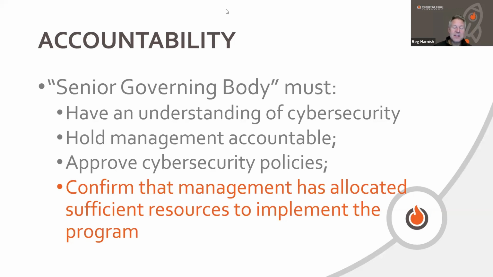And then this is highlighted because I've never seen anything like it. But the senior governing body needs to confirm that the company allocated sufficient resources to cybersecurity to manage its risks. Again, I don't really know what that means, details on the ground. How are we going to apply this?